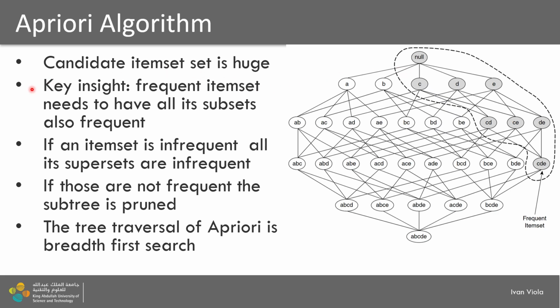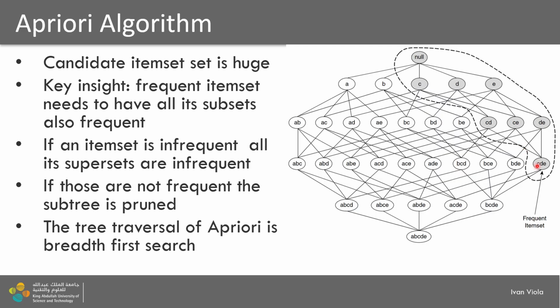The key insight here is that a frequent item set needs to have all its subsets also frequent. So if this item set is frequent, then it must mean that these item sets above it, so CD, CE, DE, must also be frequent, because every time this one shows up, at the same time this shows up, and this shows up.